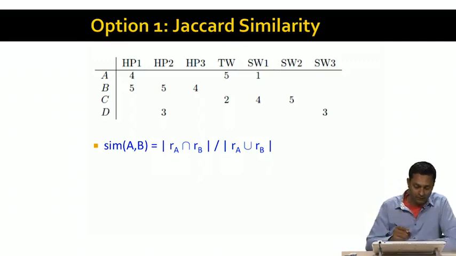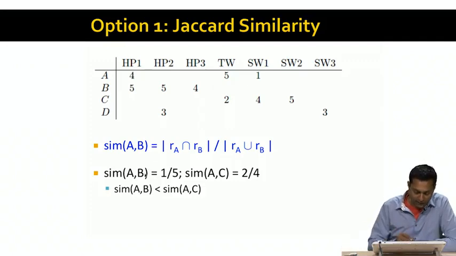So when we use the Jaccard similarity, notice that A and B have 1 rating in common, Harry Potter 1, and they've rated overall 5 movies, and therefore the similarity of A and B is 1 over 5. And similarly, the similarity of A and C, since they've rated 2 movies in common, is 2 over 4.